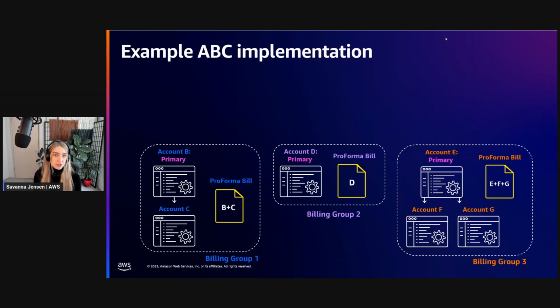Within those billing groups, you'll see that each one of them gets a pro forma bill, so a set of billing artifacts that is unique to that group. We've got a primary account set up for every single account grouping here. That's going to function as a sub-payer in visibility only. It provides the ability to go in through that primary account and see everything within the billing group that you've configured there.